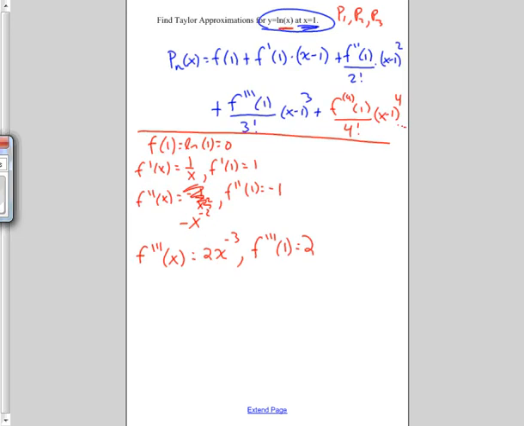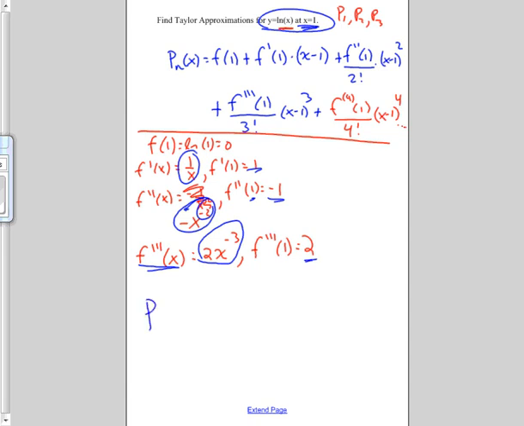Sorry, I was doubting myself for a second, but pretty sure I'm right there. So we have our first derivative, 1 over x, evaluated at 1 is 1. Second derivative is negative x to the negative 2, evaluated at 1 is negative 1. Then that negative 2 is dropping down. So we get 2x to the negative 3 is our third derivative, evaluated at 1 is 2.